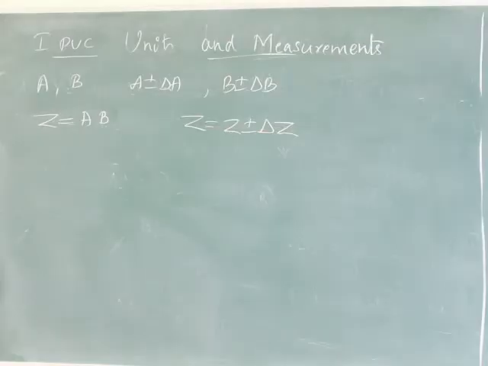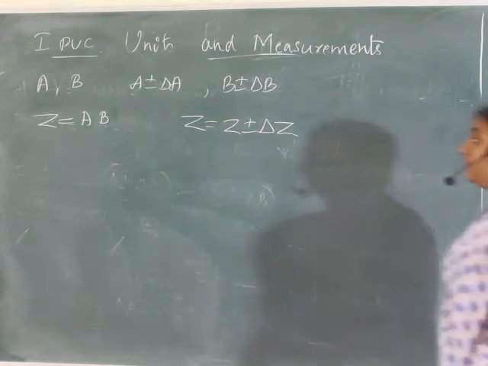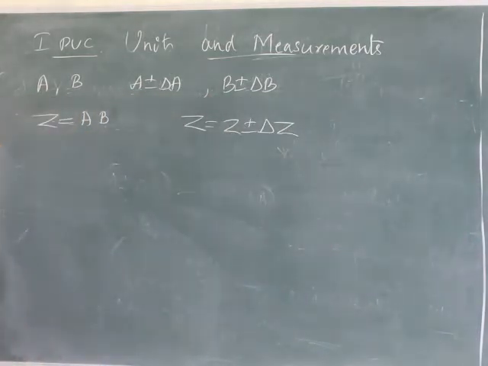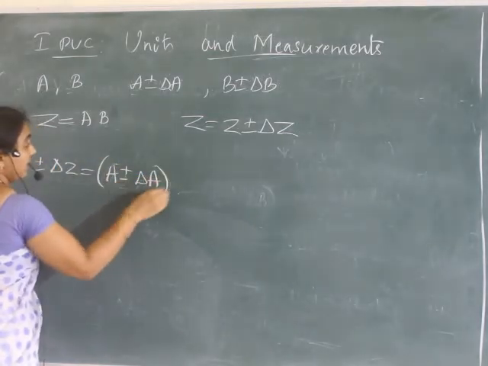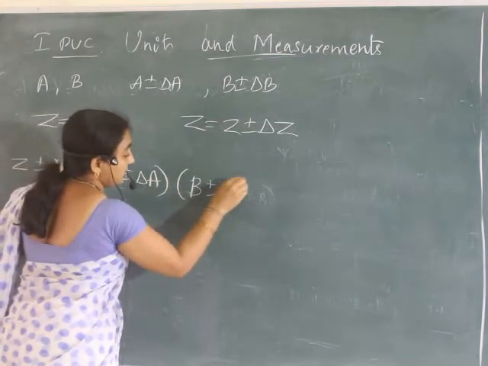What is the answer we are getting? Z equal to AB. Z equal to Z plus or minus delta Z. We will substitute here: Z plus or minus delta Z equal to A plus or minus delta A into B plus or minus delta B.